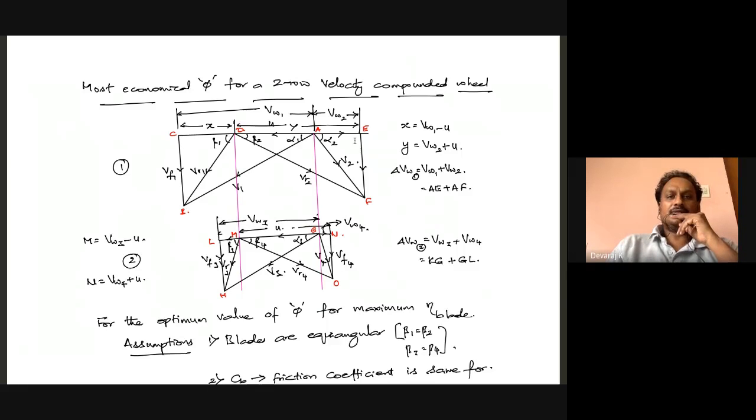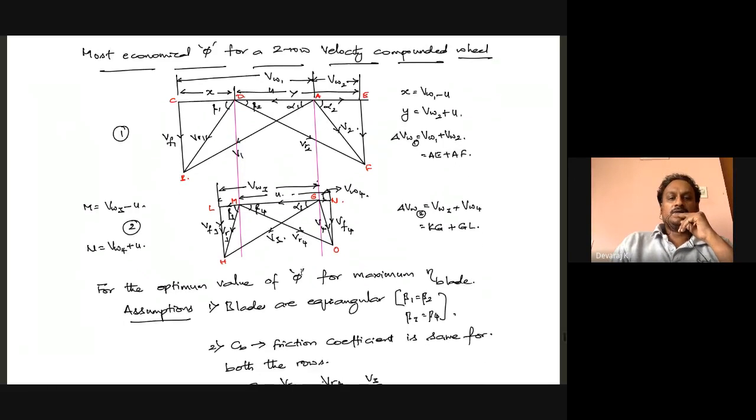I have marked A, B, C, D, E, F for the first row velocity triangle, and G, H, L, M, N, O for the second row velocity triangle.